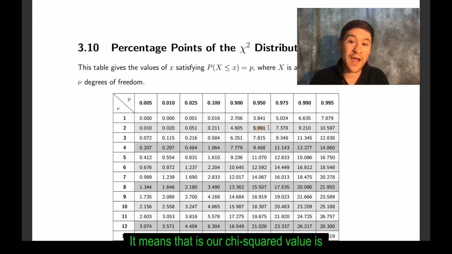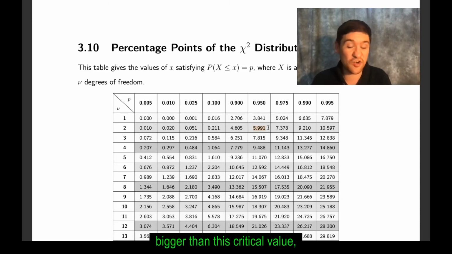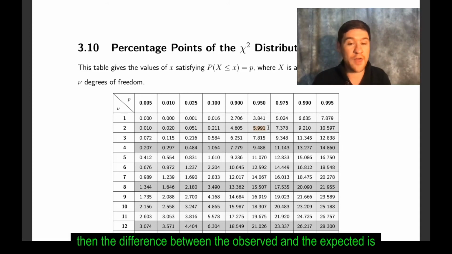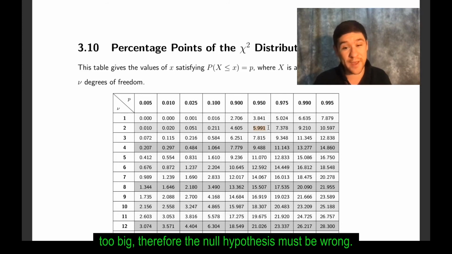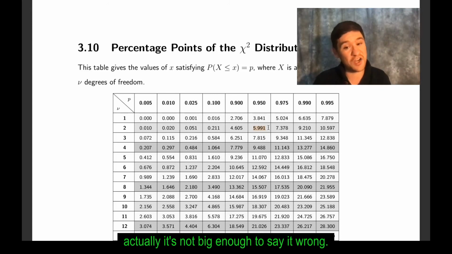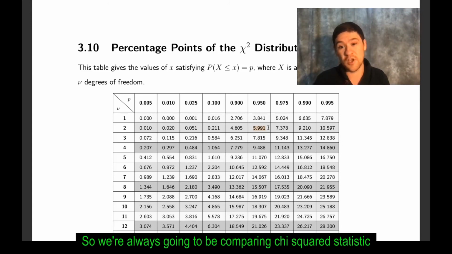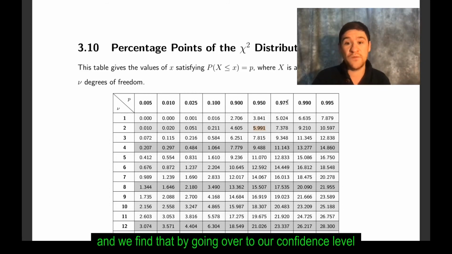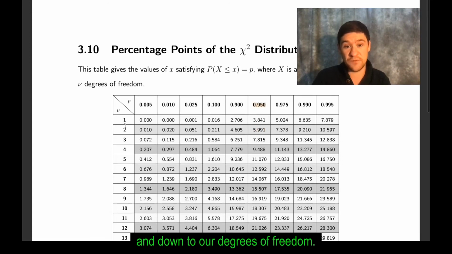What does that mean? It means that if our chi-squared value is bigger than this critical value, then the difference between the observed and the expected is too big, therefore the null hypothesis must be wrong. But if it's smaller than that, we say actually it's not big enough to say it's wrong. So we are always going to be comparing our chi-squared statistic to something in this table, and we find that by going over to our confidence level and down to our degrees of freedom.